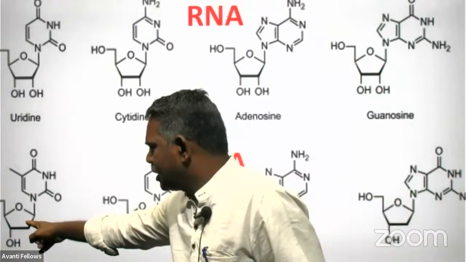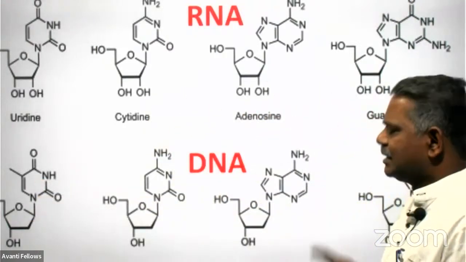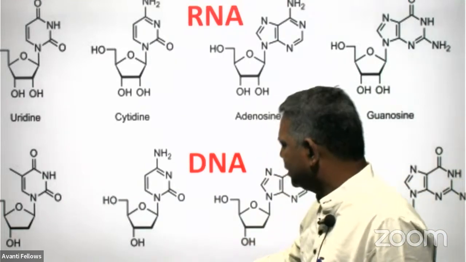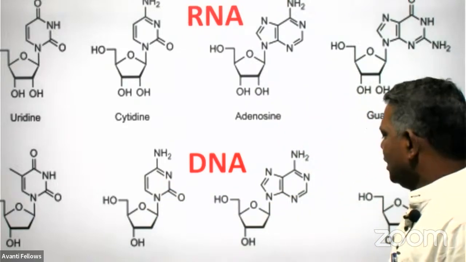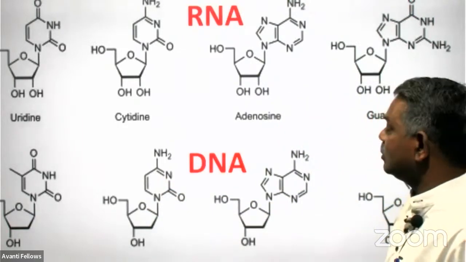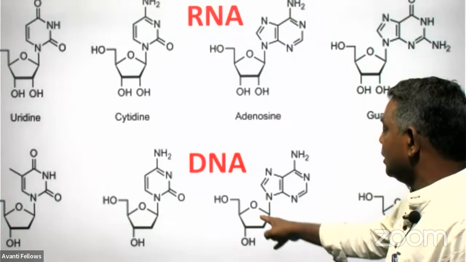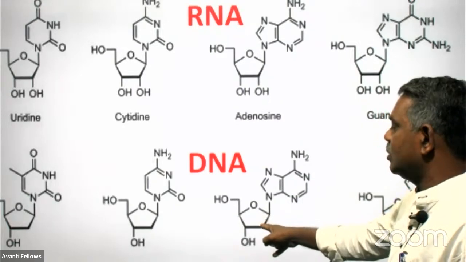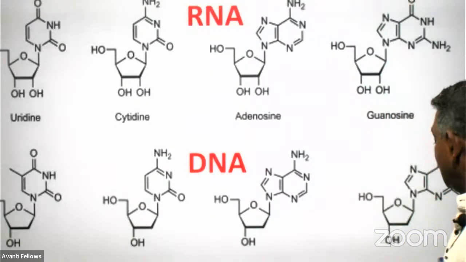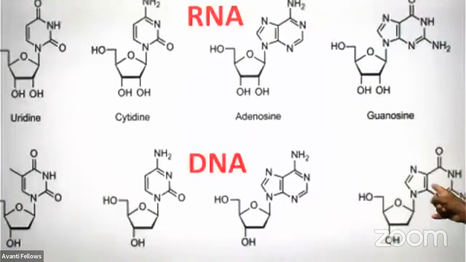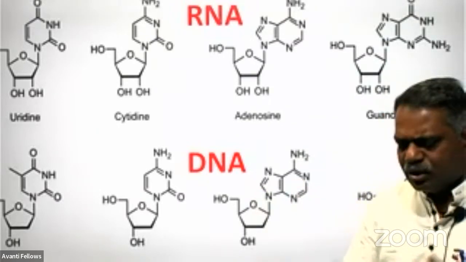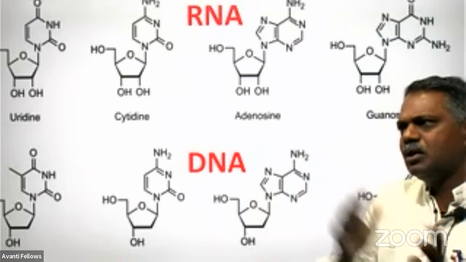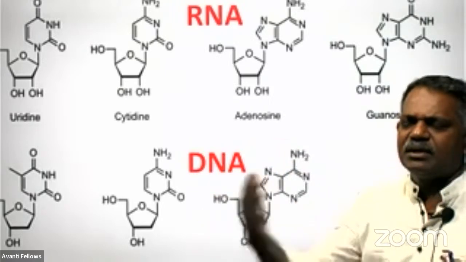Here it is deoxyribose sugar, and it is thymine, T. Then this is deoxycytidine, and here it is deoxyribose sugar and C, and this is deoxyadenosine. The pentose sugar is deoxyribose sugar, and it is adenine, and this is deoxyguanosine, and here it is G, guanine.